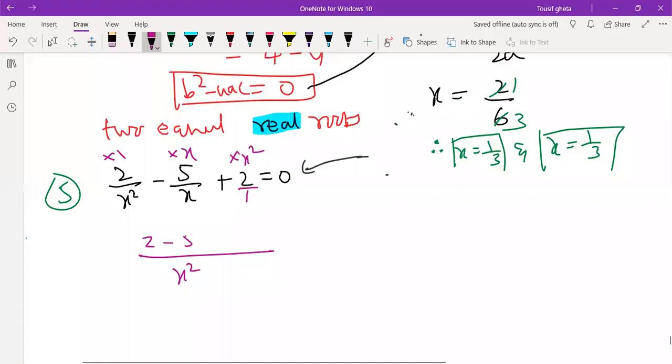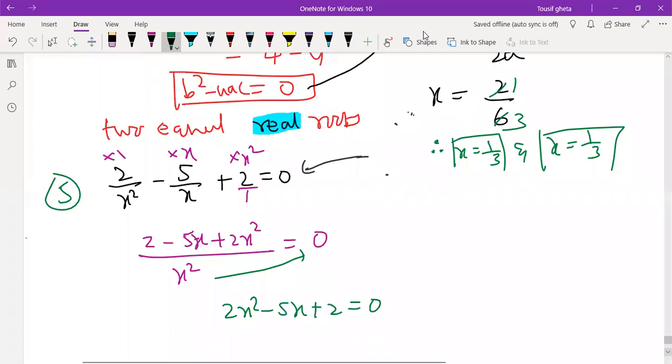No, Varsha, sorry. So this LCM is x square, okay. So here into 1, 2 1s are 2 minus 5x plus 2x square is equal to 0. Now you cross multiply, you will get 2x square minus 5x plus 2 equals 0. So this is the equation you got.